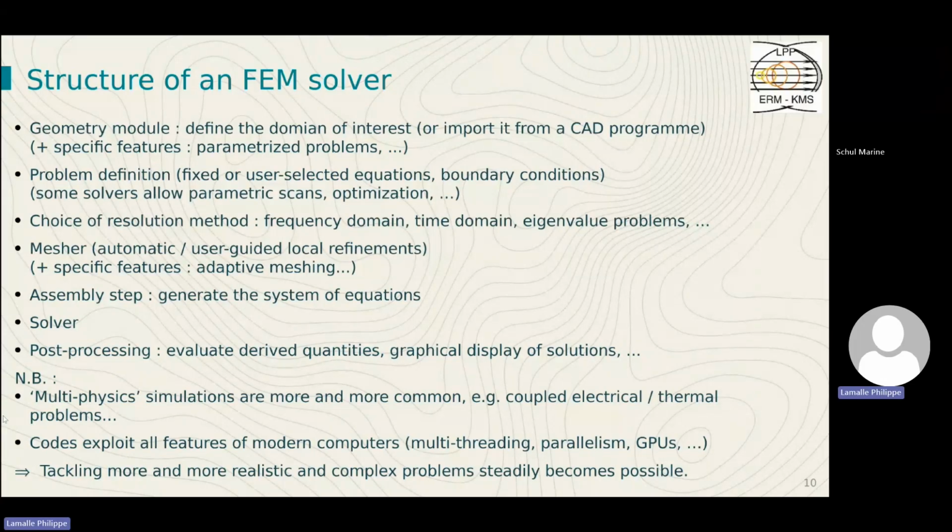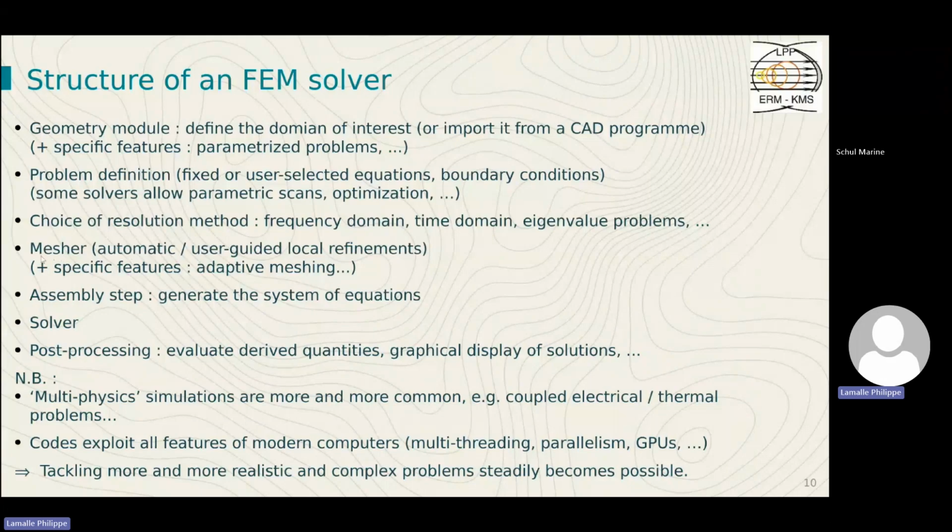Next, you have to define the problem. That is, besides the geometry, the type of equation that you want to solve and the boundary conditions. The choice of resolution methods. There are various ones based on the frequency domain analysis, time domain, eigenvalue problems in electromagnetic problems.